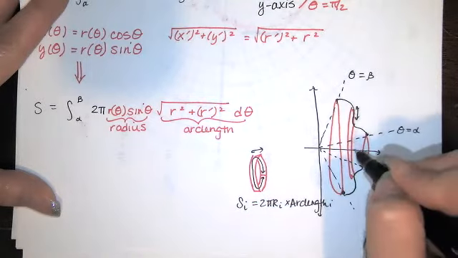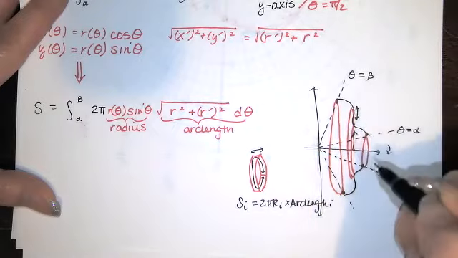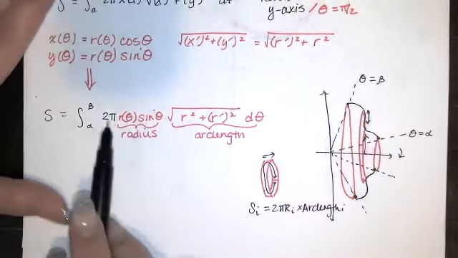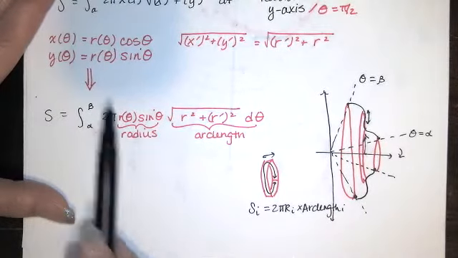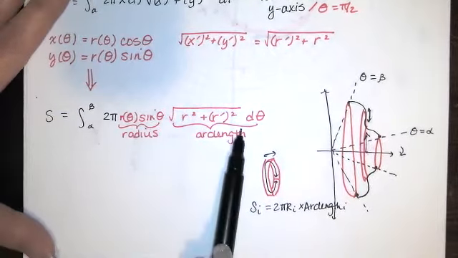And this time, because we're revolving it around the polar axis, that radius is the y value. So the radius is y of theta, which is r of theta times sine of theta. So that's how we get that one.